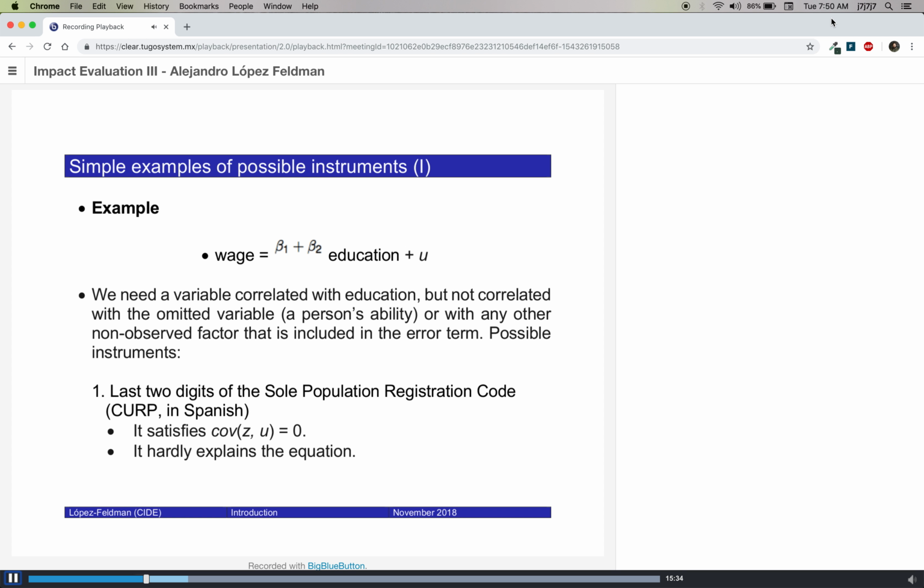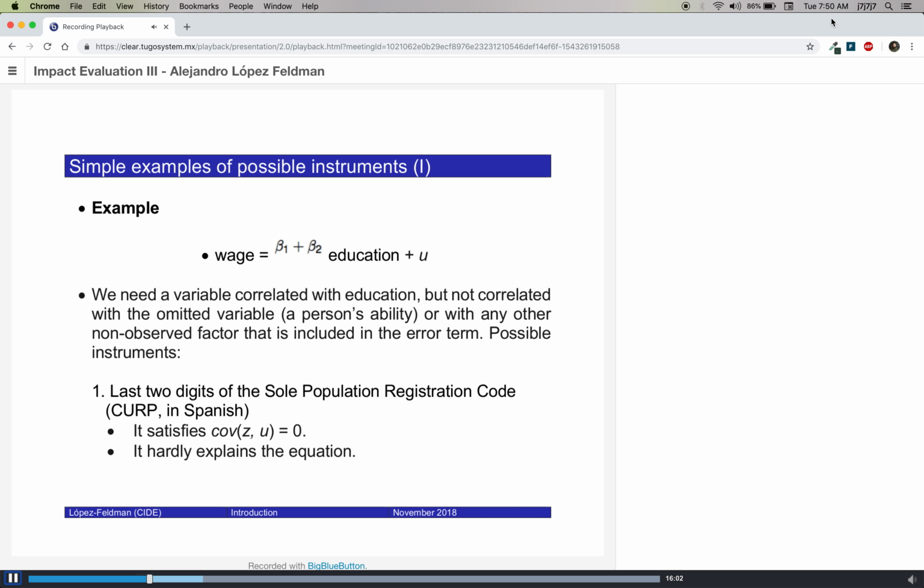So if I analyze this, maybe I am going to find one variable, and maybe that variable is related to these last two digits. So this is related to education, and from a statistical point of view, there is a correlation. So I cannot say that I have a good instrumental variable. That's why I mean that we really need to have an intuitive or theoretical part.